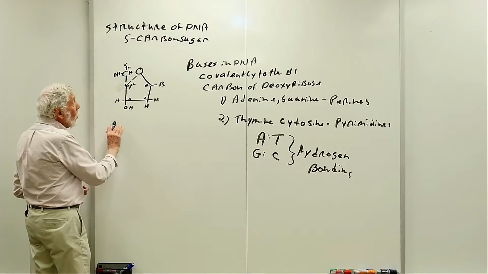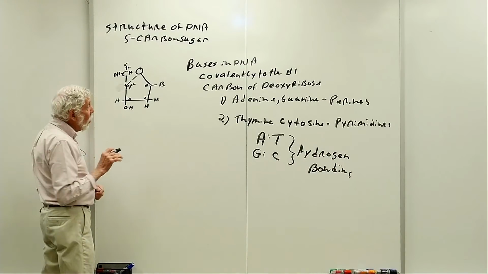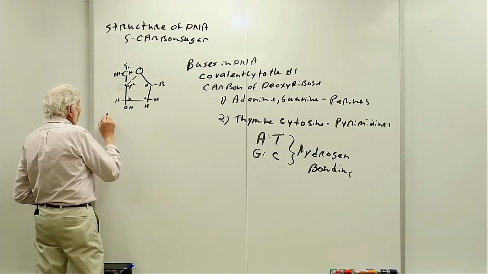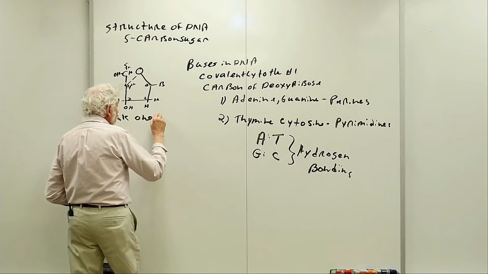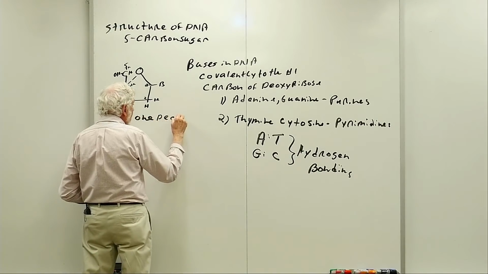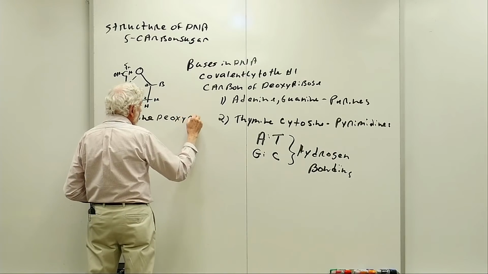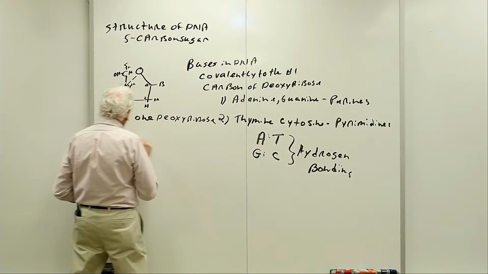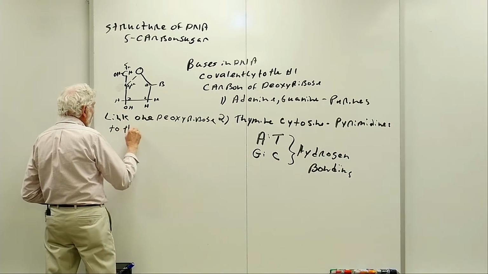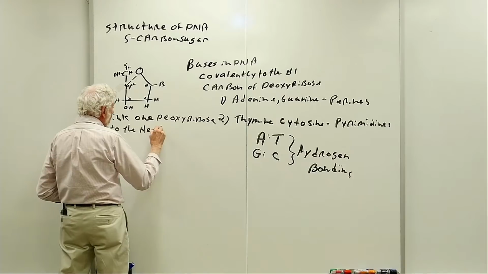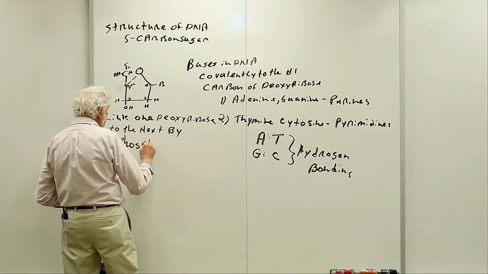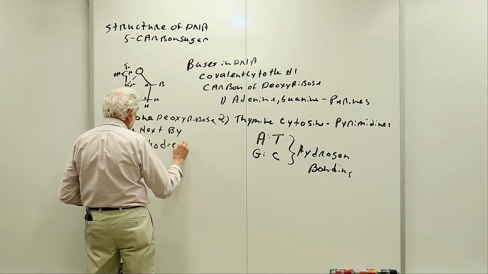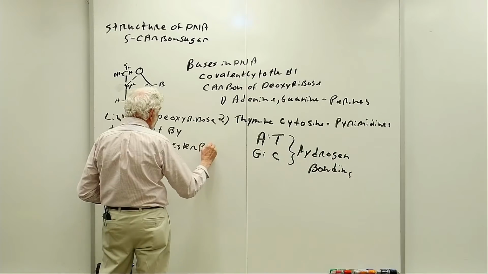Whereas over here, what we're going to do, and we'll draw this out in a moment, is we're going to now link one deoxyribose to the next by phosphodiester bonds.